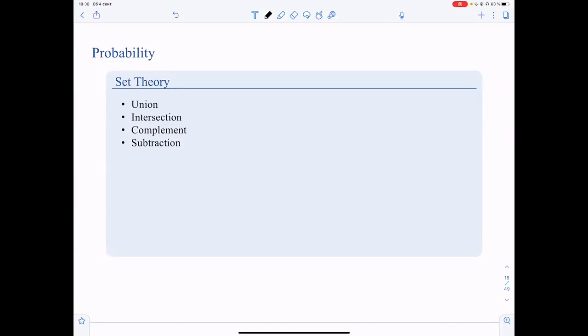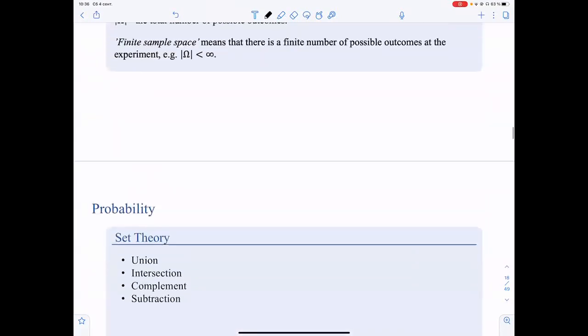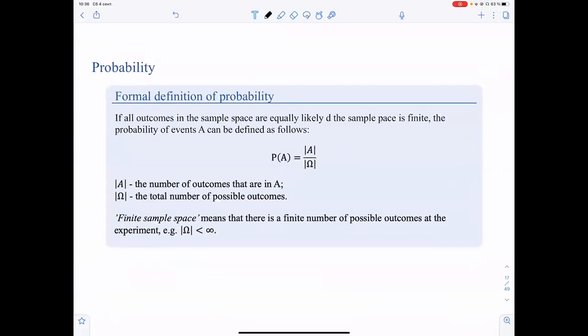The basic operations related to sets are applied in order to combine random events jointly. All right.